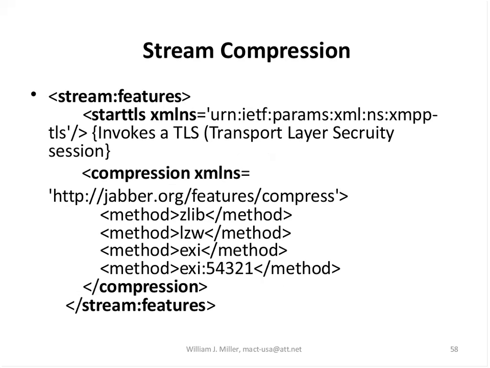What you're seeing in these constructs is the use of compression, as well as how you set up your security session. You'll see here in the stream, we can specify a start TLS, for example. That one string there, when it's sent to your server, you're basically asking the server, I want to set up a TLS session. It didn't have to be done by a separate software.